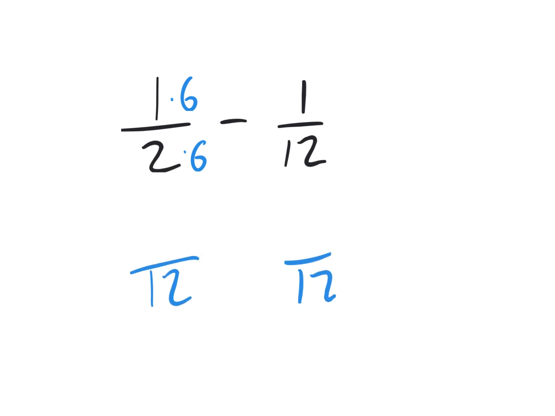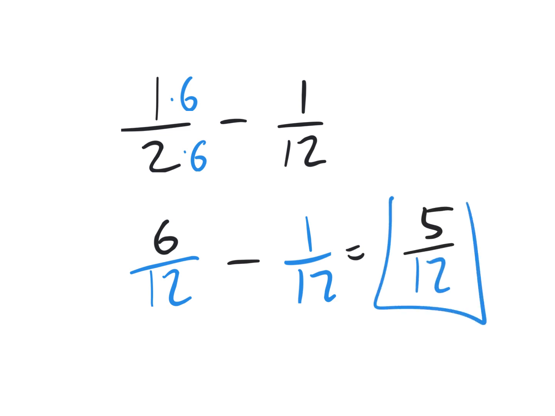Now, the other one is already 12, so I don't have to do anything to the 12 or the 1. And I am subtracting. Over here, 2 times 6 gave us a 12, so 1 times 6 gives us 6. And now that we have a common denominator, I could do 6 take away 1, which is 5, over that common denominator 12. And you can't reduce it, so there's your answer.